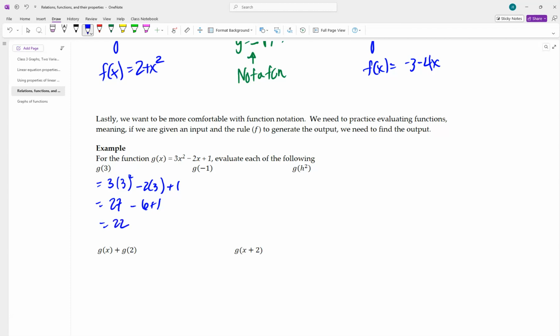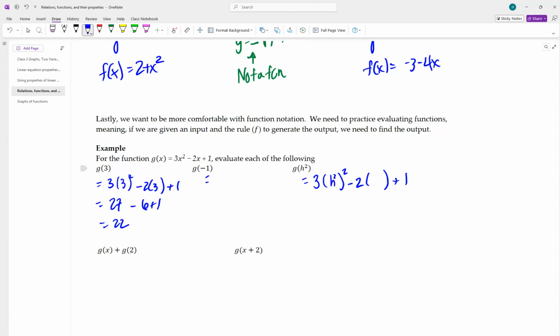Okay. And so then next one, I'll let you do on your own. I'll fill in the solution here in a minute. G of h squared. This is where, okay, we're like, oh no, it's not a number. It's totally fine. It's just same principle, right? 3, and then wherever x was, replace it with what we're given, and then minus 2, and then replace that, and then plus 1.